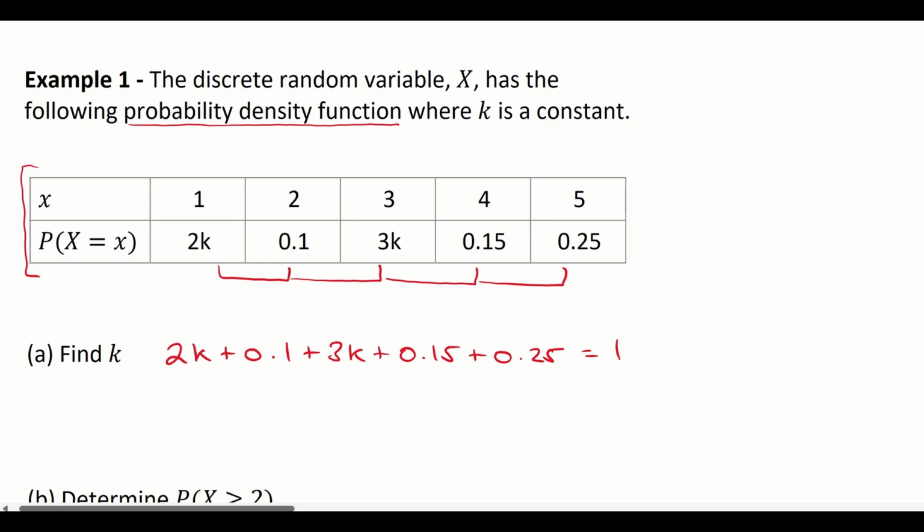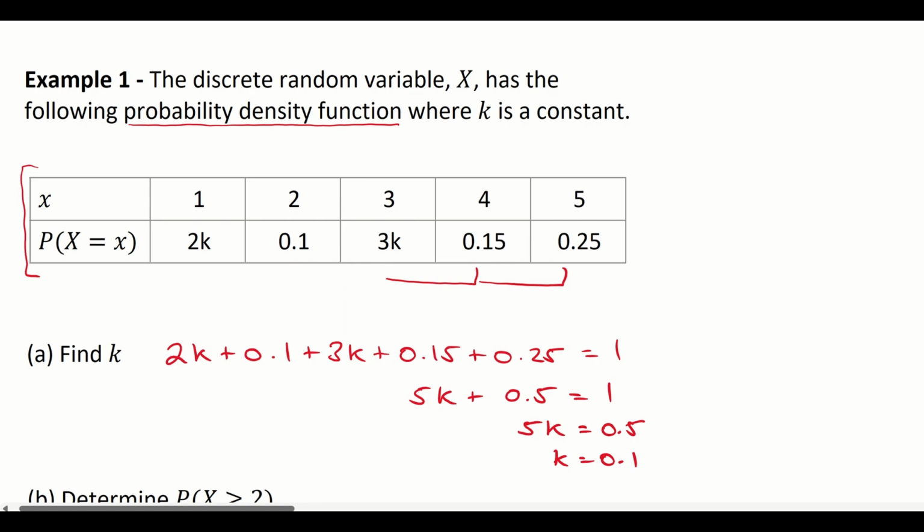And now this is just a linear equation which I can solve if I group my k's. I get 5k, and if I group my constant terms, what do I get there? Just 0.5, which has to be equal to 1, so take 0.5 from both sides, and we get that k is 0.1.